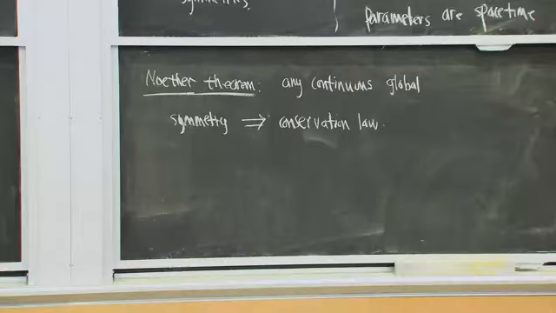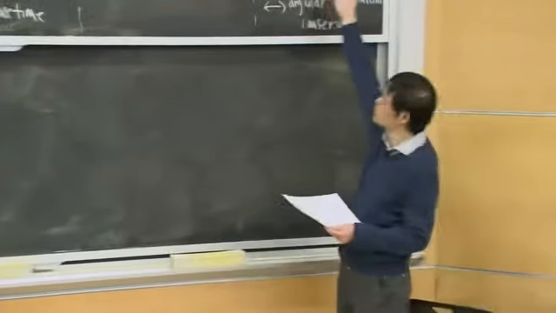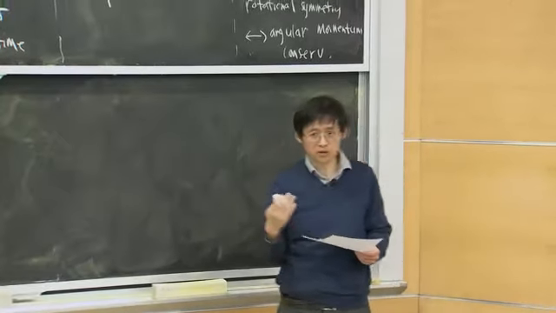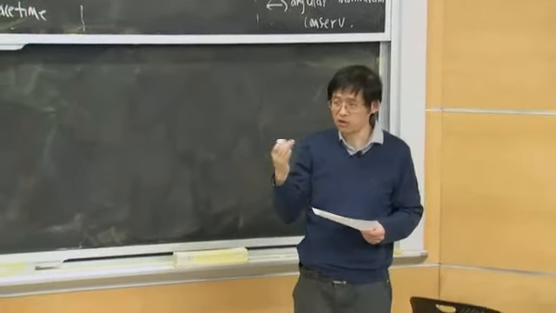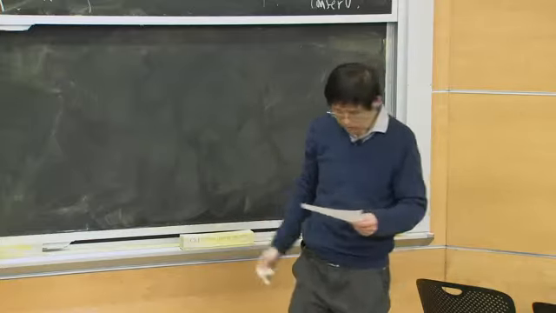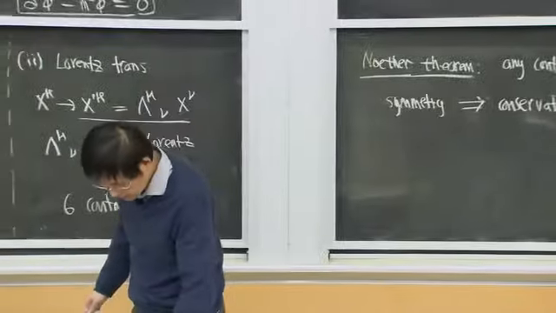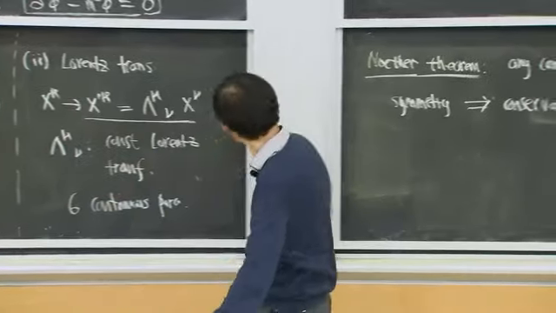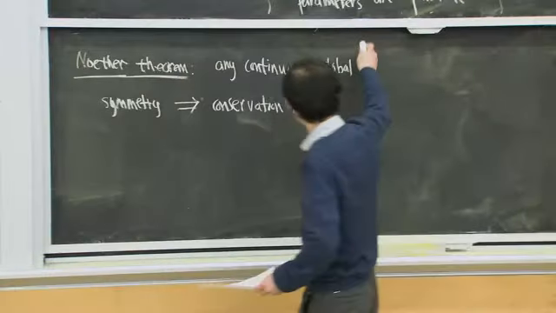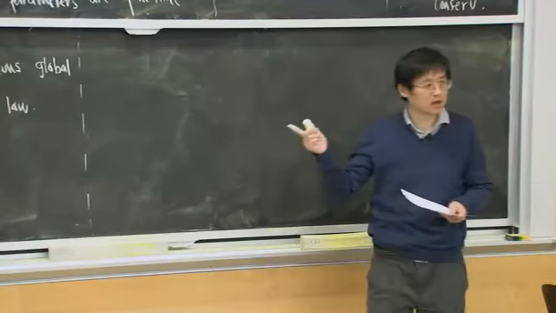No matter what kind of symmetry, in addition to those things you are familiar with, anytime you have a continuous global symmetry in your system, then you have a conservation law. Okay, so now let me give a proof of this Noether theorem. Before I prove it, do you have any questions regarding its statement?